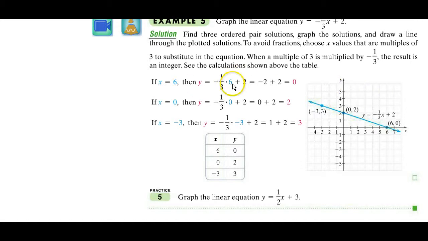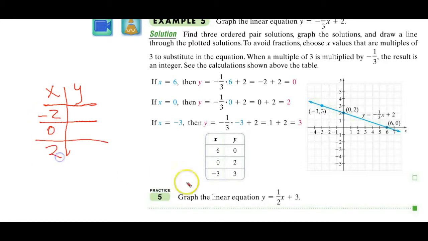All right, let's do 5 while we're here. Now there's a 2 there, so I'm going to use -2, 0, 2. So this is -2, so this is a -1, so this becomes a 2. This is 0, so that becomes a 3. This is a +2, so this becomes a 4.